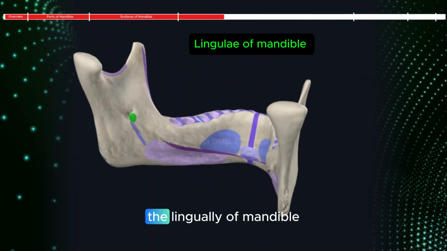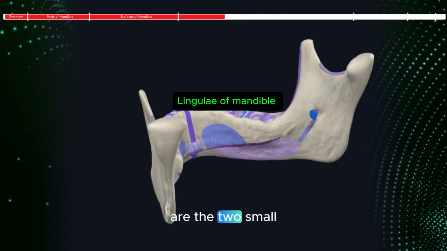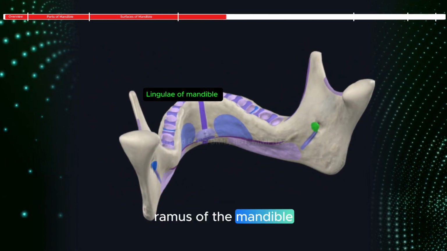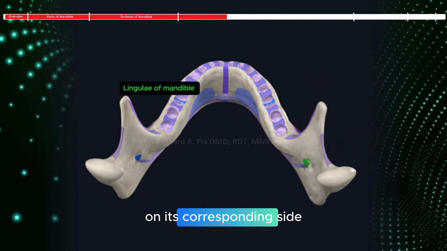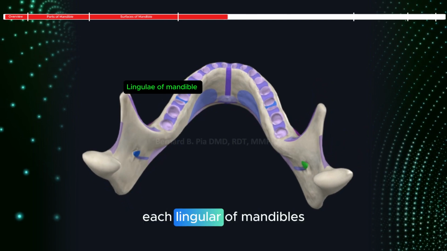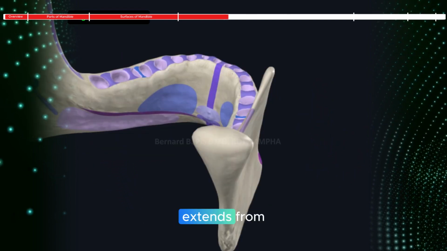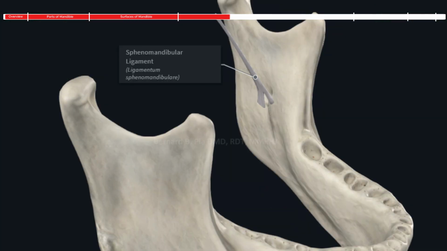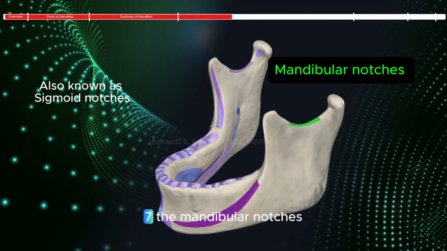6. The lingulae of the mandible are the two small projections found along the medial surfaces of each ramus of the mandible. On its corresponding side, each lingula extends from the anterior margin of a mandibular foramen and provides an attachment site for a sphenomandibular ligament. 7.